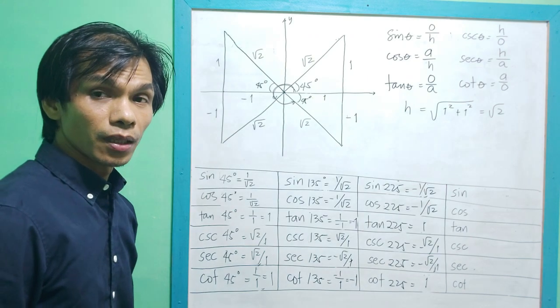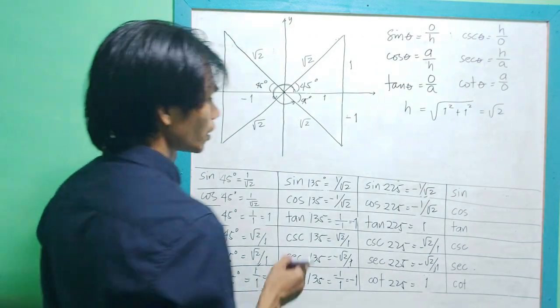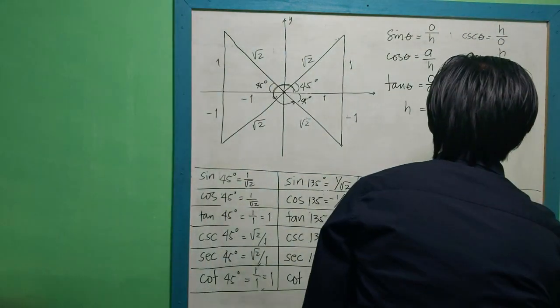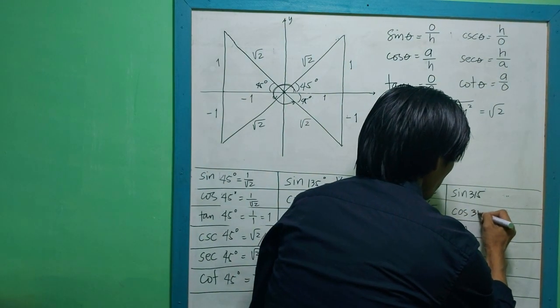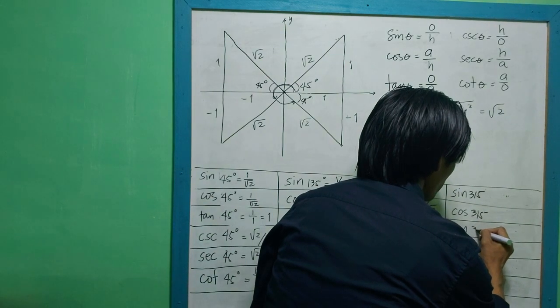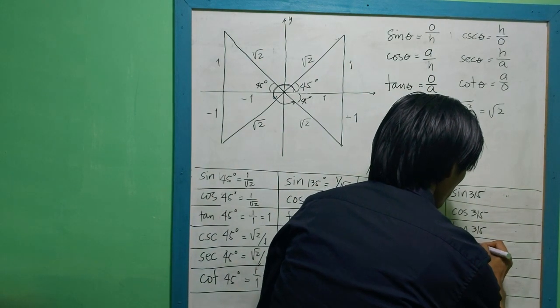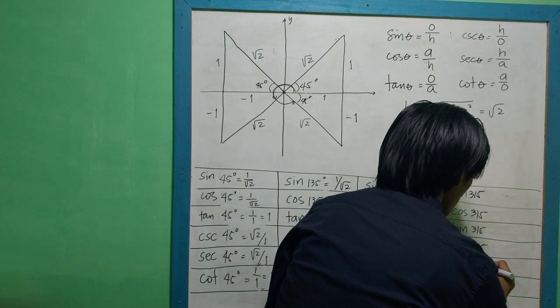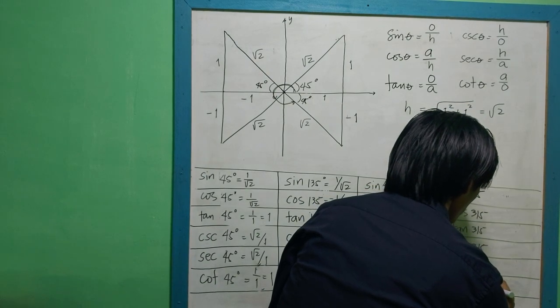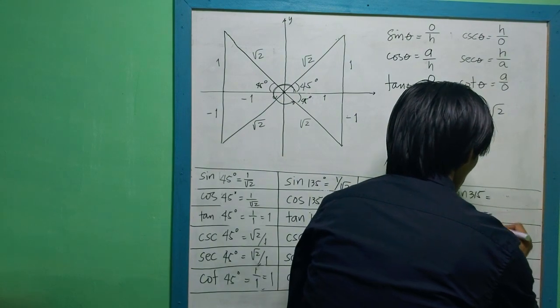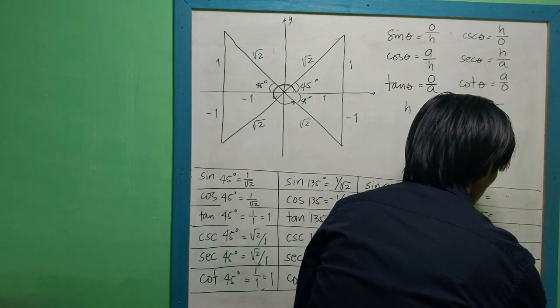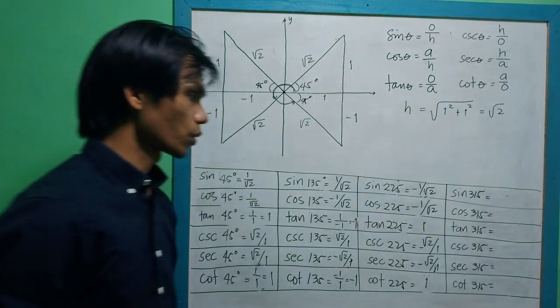So, 315. Now, yan natin dito. 315, sine of 315, cosine of 315, tangent of 315, cosecant of 315, secant of 315, and then cotangent of 315. So, kunin natin yung kanyang values.